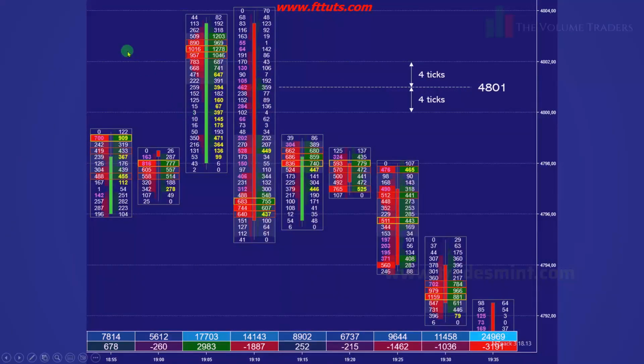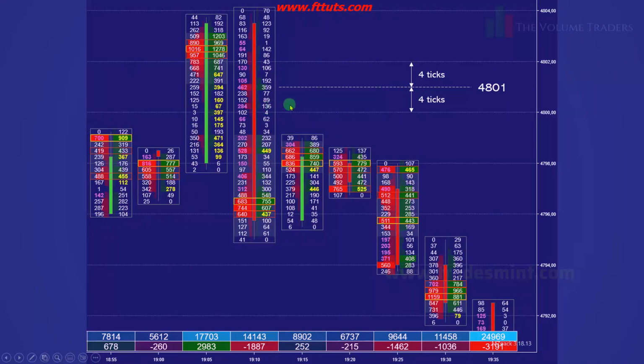This is the ES chart, S&P, and what I want to say is that for each price level and each bar, the footprint displays the quantity of market orders. Yeah, the market orders that were traded at each price level. And if you remember from one of the first videos, ES moves by 1 point as 4 ticks.